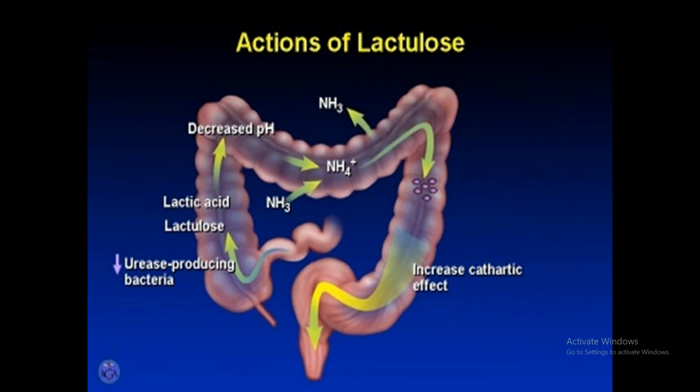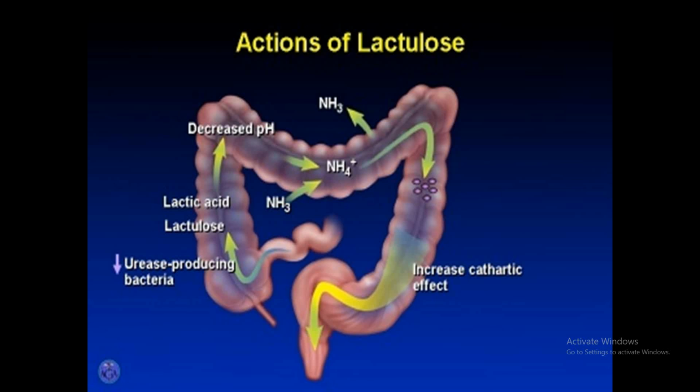The action has been described already: the hydrogen ions released will combine with the nitrogen. The ammonia which is present in the bowel will combine with the hydrogen ions released by the lactic acid, and it becomes ammonium. And it will act as an osmotic type of purgative.